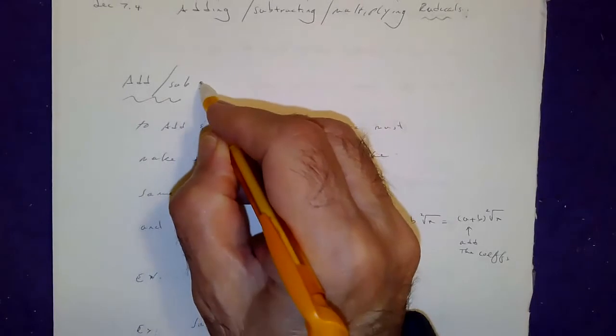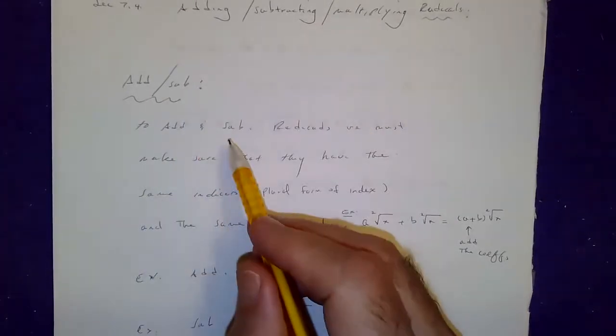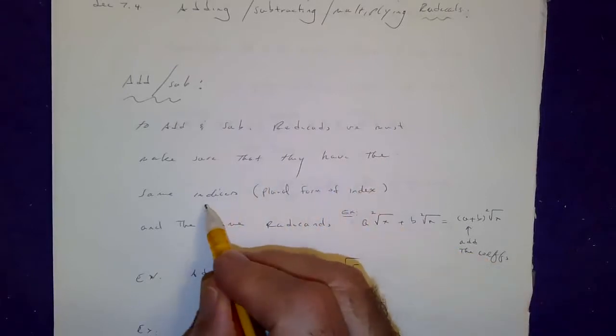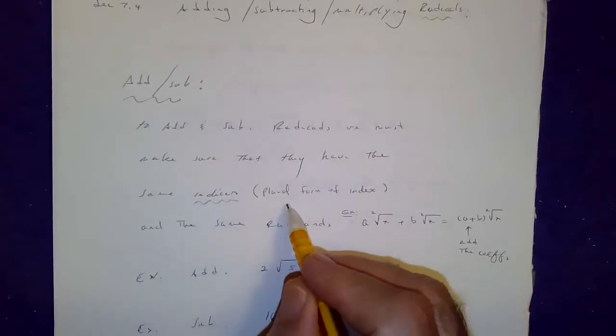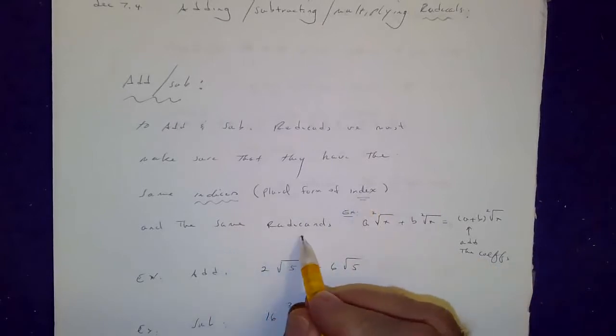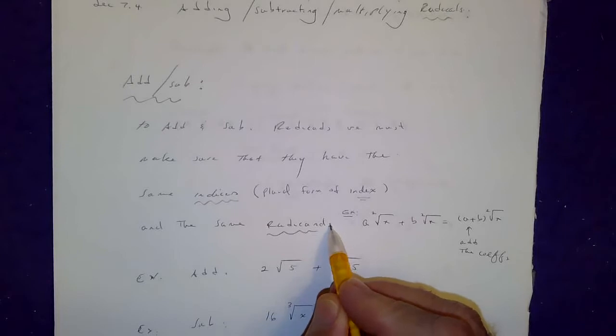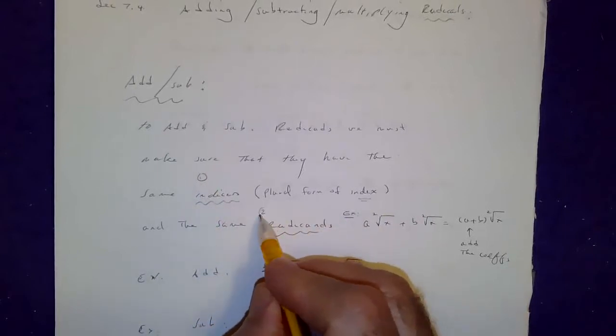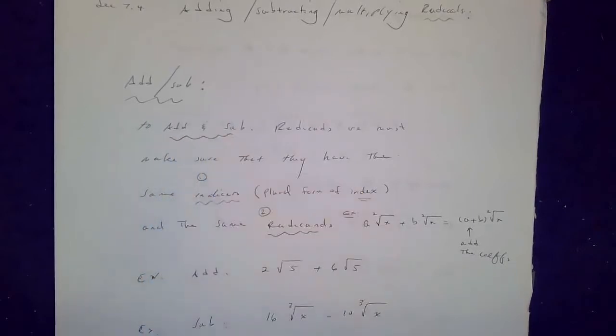Here is the rule to add and subtract radicals. To add and subtract radicals, we must make sure they have the same indices, that's the plural of index, and the same radicands. So there are two conditions you have to satisfy in order to add or subtract radicals.